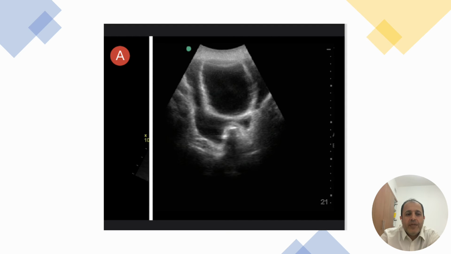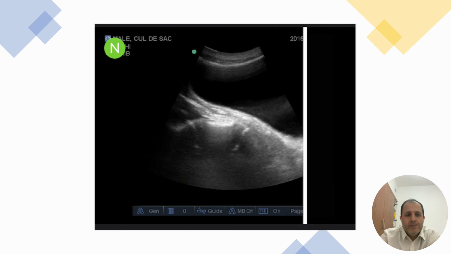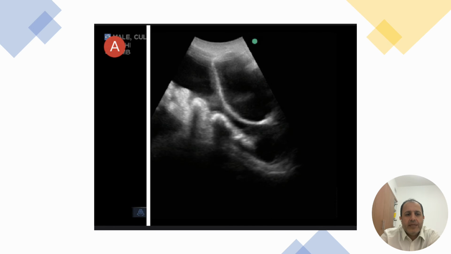We should sweep the probe to check every part around the bladder. In another study, it is the vertical view, it is the bladder, and very little fluid is suspected here. Another one, you see there is free fluid outside the bladder.